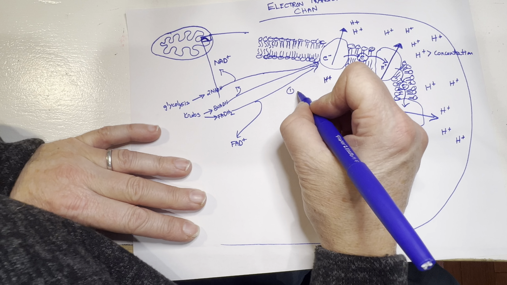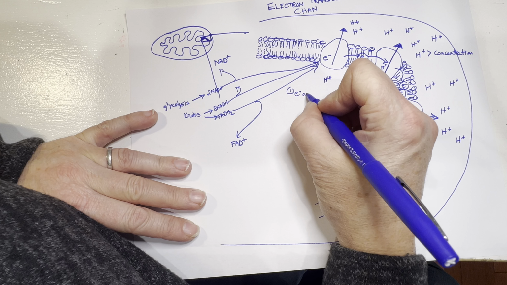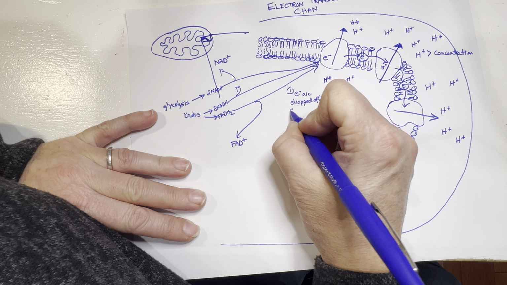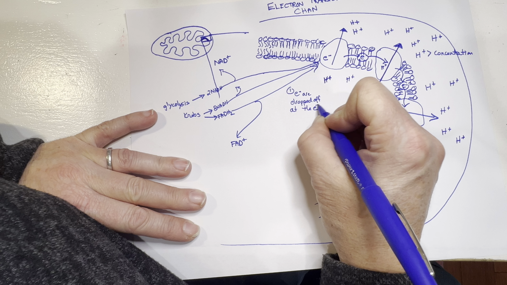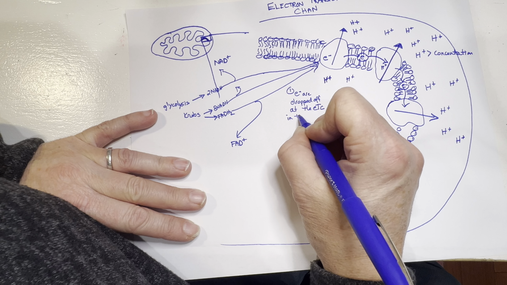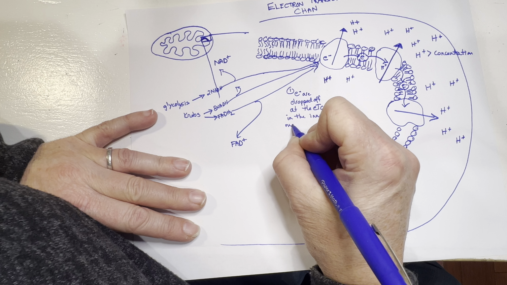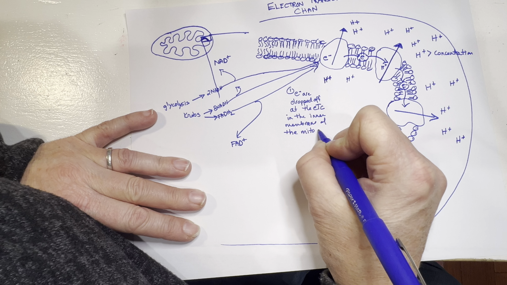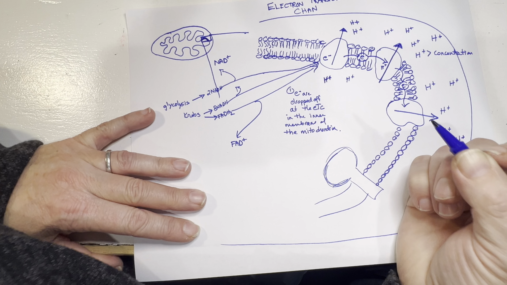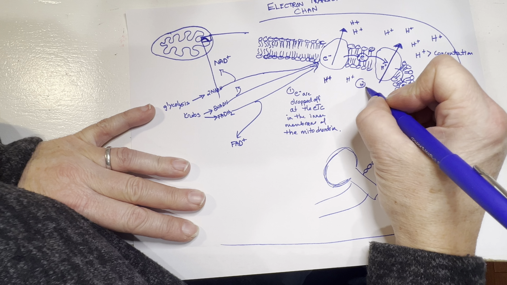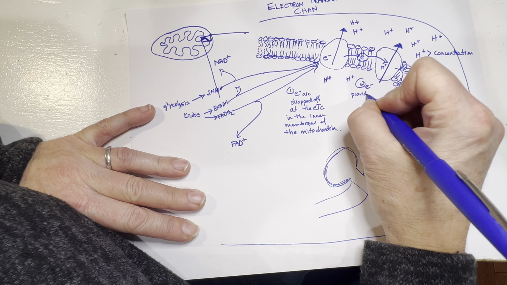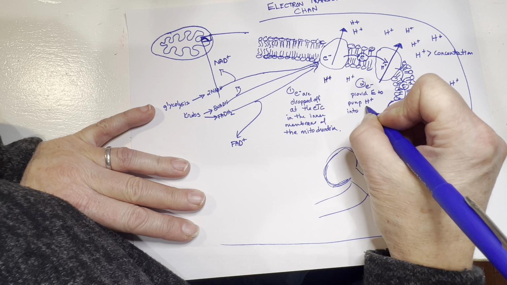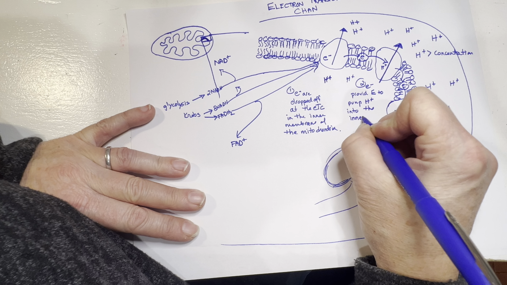So in our first step, our electrons are dropped off at the electron transport chain in the inner membrane of the mitochondria. Those electrons then are going to provide energy to pump hydrogen ions into what's called the inner membrane space.